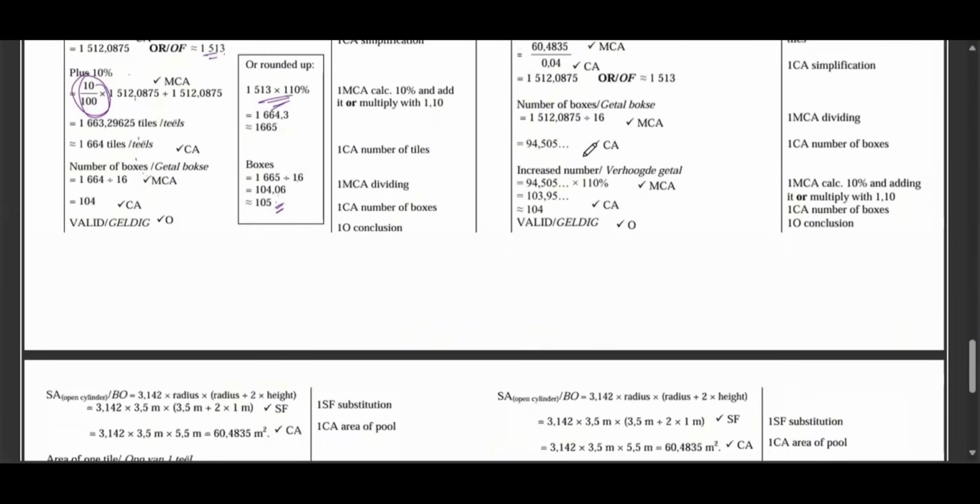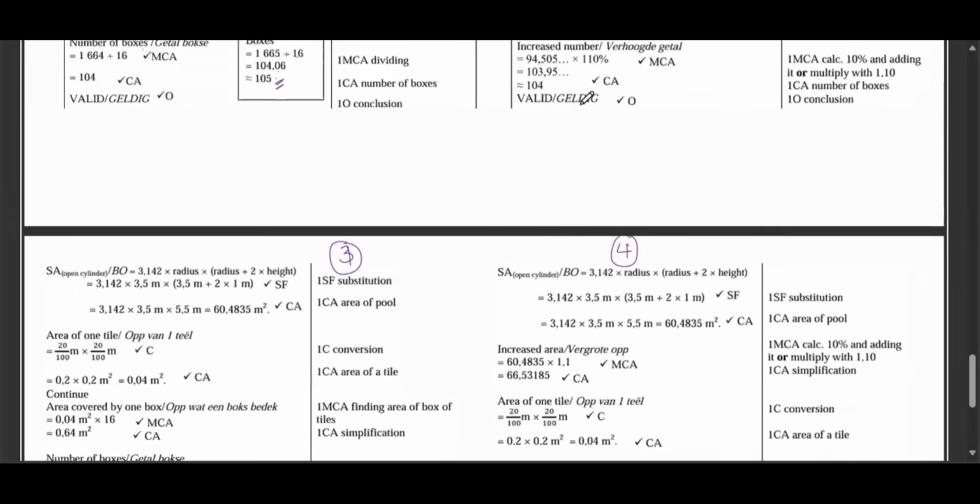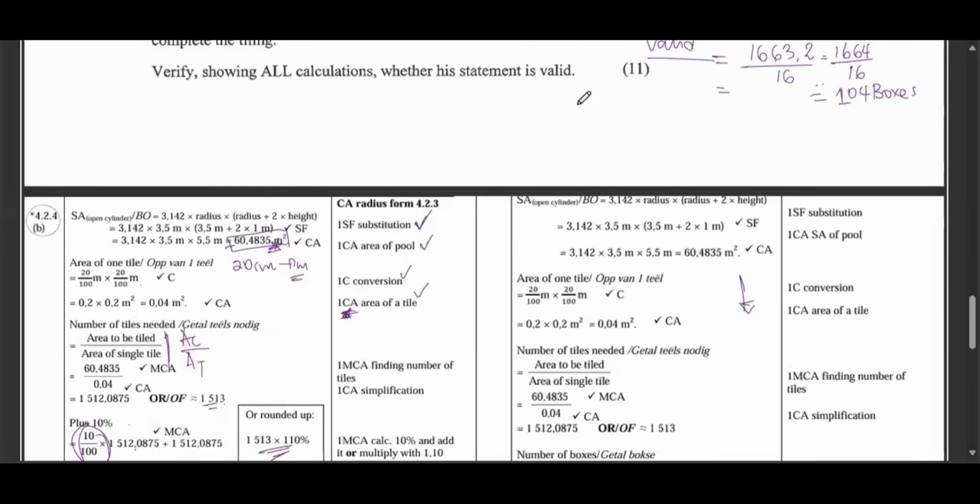I believe this will help you. Then look at that. This was another working also. They all start with substitution. This one is another working, which could be working 3. This is working 4. I'm just showing you how it is marked. This is working 1, and this is working 2. But they all look at substitution.